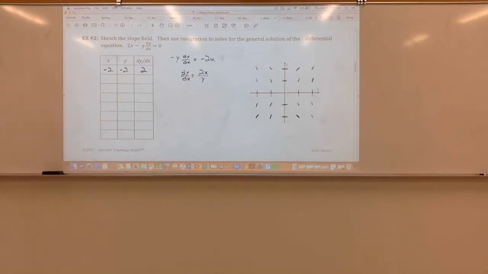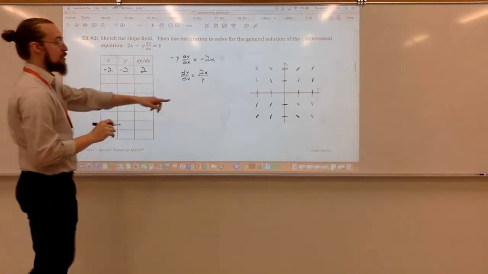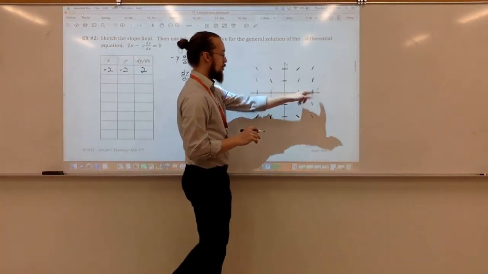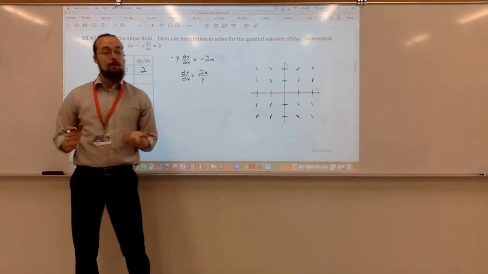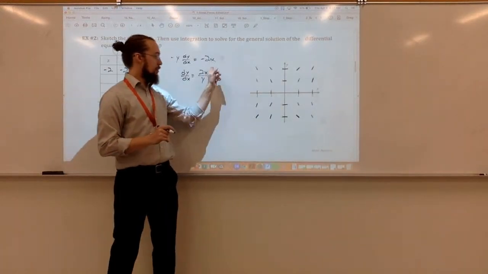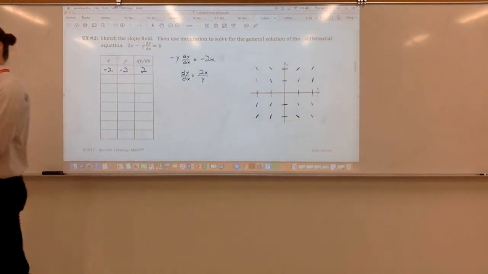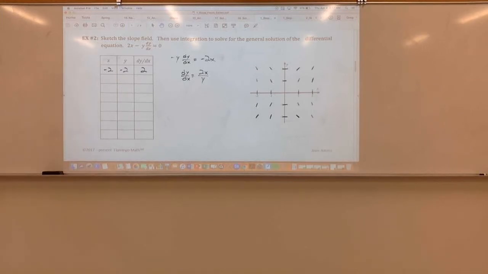An undefined slope is a completely vertical slope. So here, at these values, we can have a completely vertical line. Now at 0, 0, though, we would have something indeterminate. We would get 0 over 0. So there would not be any slope there. Okay? We okay with that one?